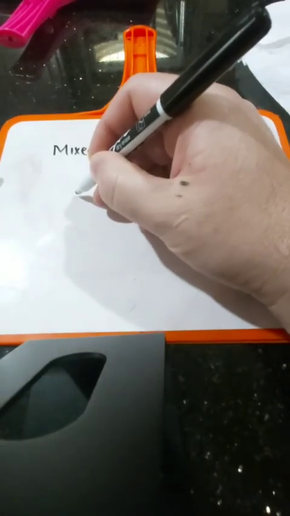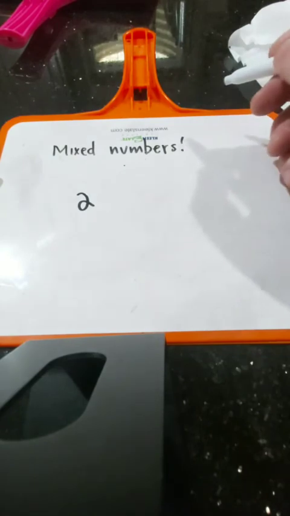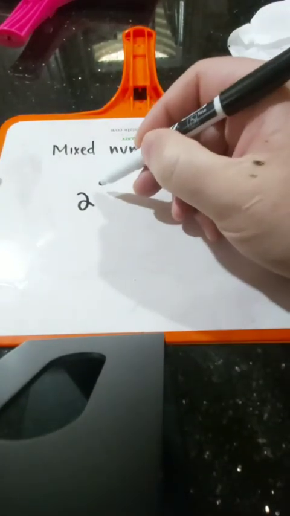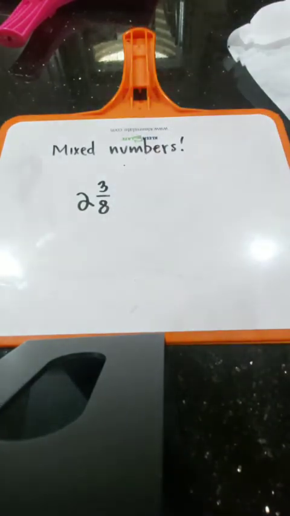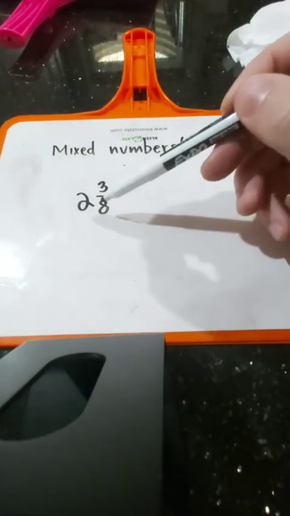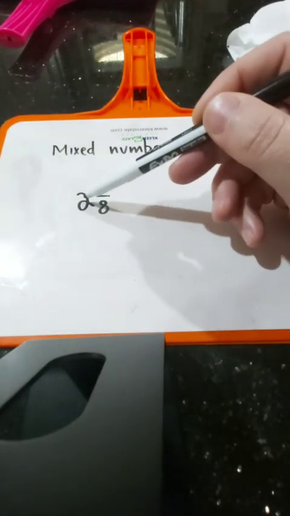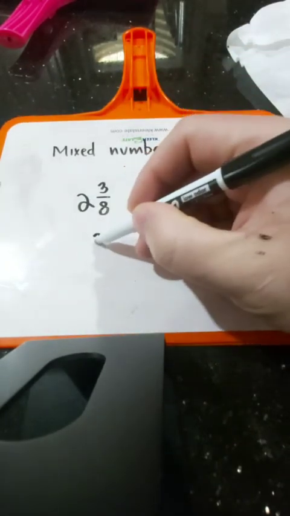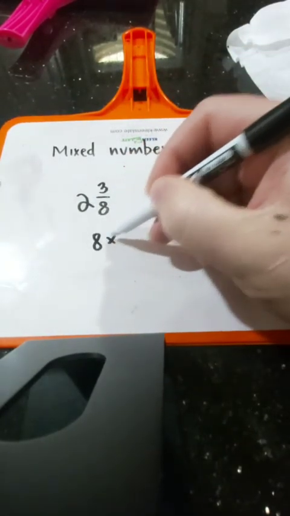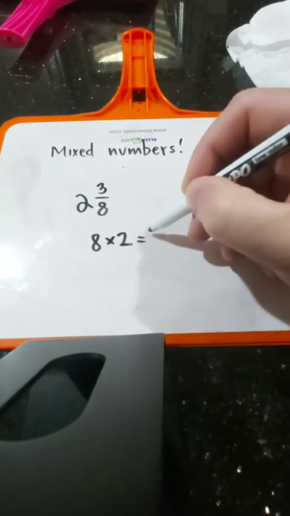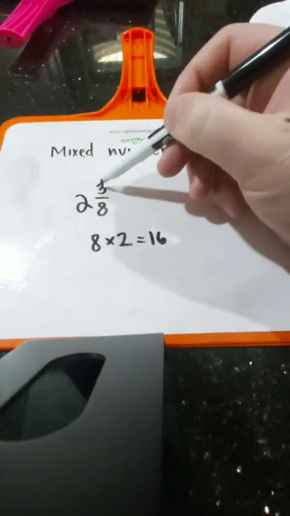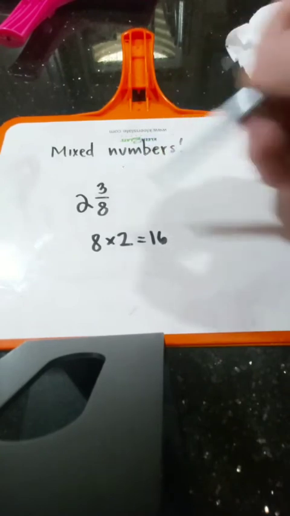Let's take the number 2. That's a whole number. And we're going to put a fraction next to it. 2 3/8. All right. So step 1 is we are going to multiply our denominator, 8, by our whole number, 2. So 8 times 2. Okay, now, after we get that answer, which is going to be 16, we're going to add the numerator to that total.